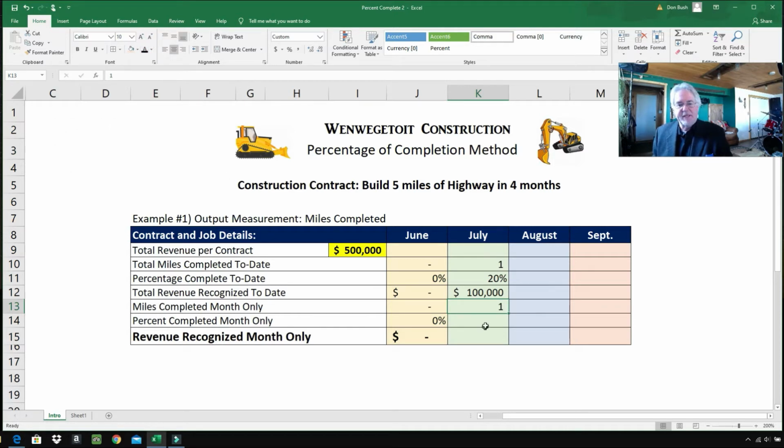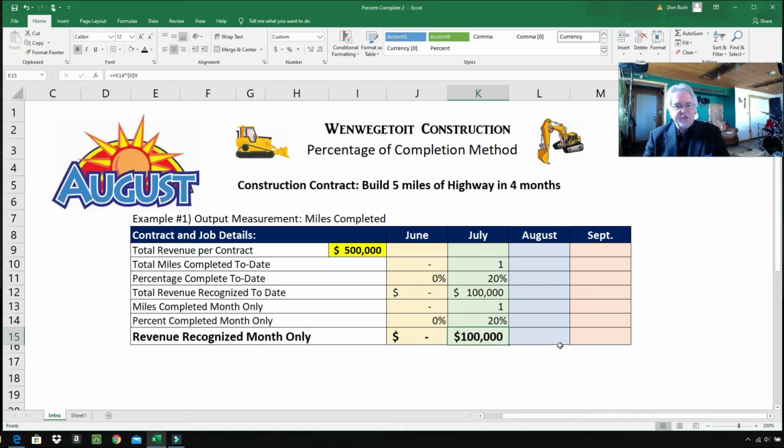Percent completed during the month only. Well, they got 20% completed during the month of July. So the amount of revenue that they're going to recognize in the month of July is $100,000. So this bottom line number here is the most important number, because this is the amount of revenue that when we get to construction is going to recognize on their income statement.